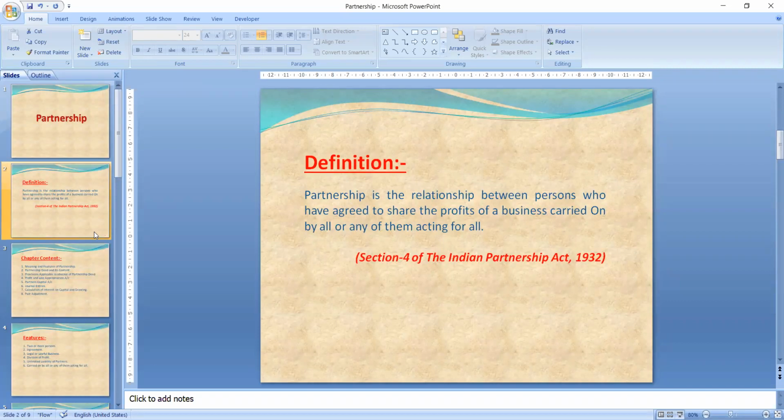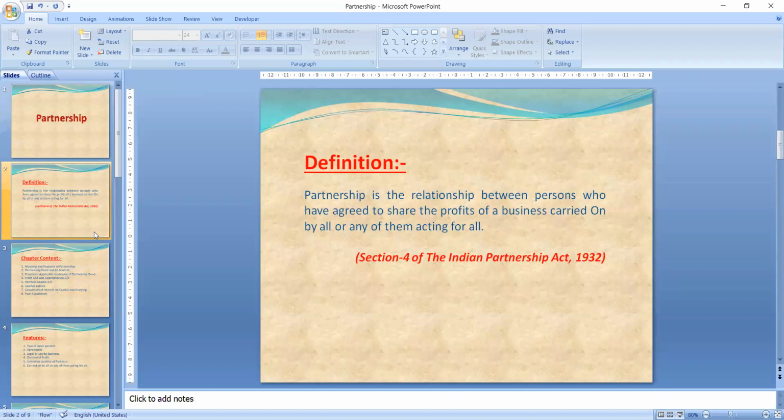Do you know anything about investment? Investment in shares? When you purchase a share, you become owner of a company. A very little share, but you become owner of a company.